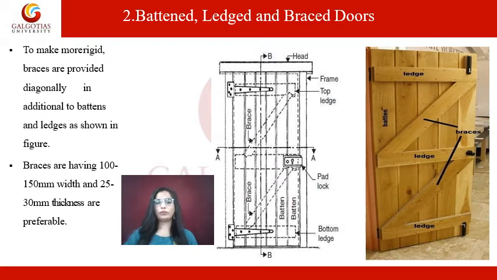Braces of 100 to 150 mm width and 25 to 30 mm thickness are preferable. These can vary according to design, but if we talk about the preference, these dimensions can be taken, and this is known as the padlock. So these are the details about the batten, latched and braced door.